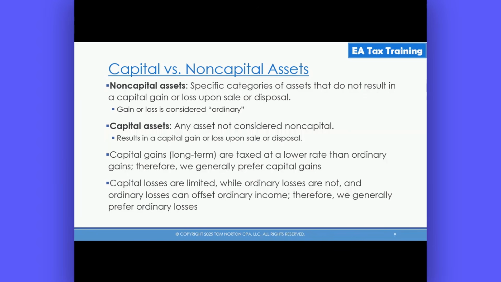Whereas if you sell that asset and it is an ordinary asset, then those losses are not limited. So taxpayers generally prefer ordinary losses. So we like capital gains, especially long-term capital gains, and we like ordinary losses. So we want to keep that in mind as we go through this course, and we'll talk about all the specifics of that as we go along here.